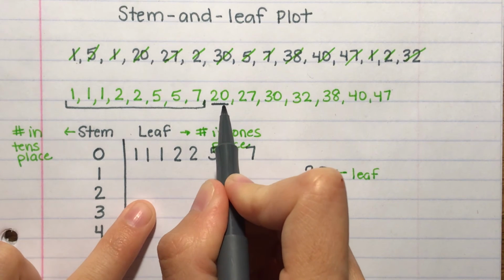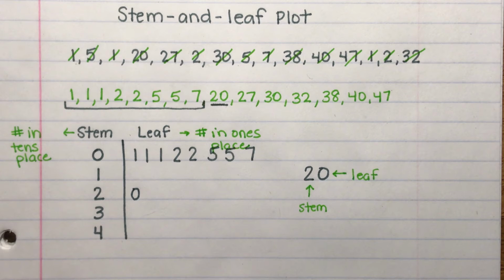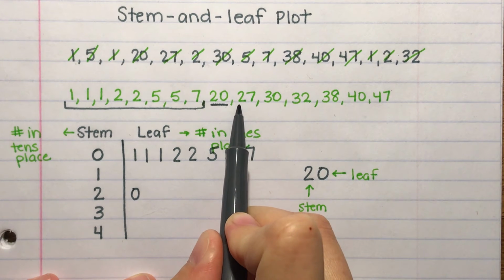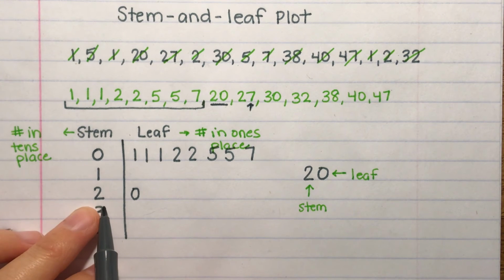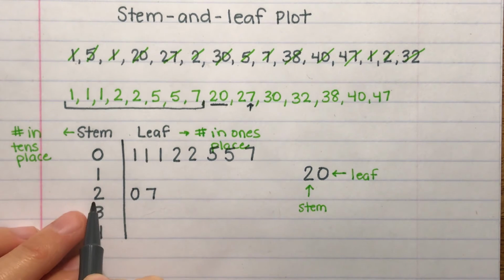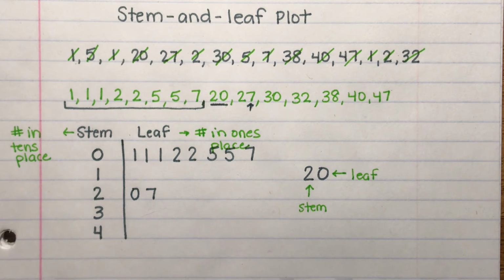And for the leaf, I'm just going to write the number that's in the ones place, which is a 0. Then I go to the next 20. This is 27. Now I don't worry about the 2 because the 2 is already here in my stem, but I'm going to write down the number 7. So this means I've got 20 and I have the number 27 in my list.